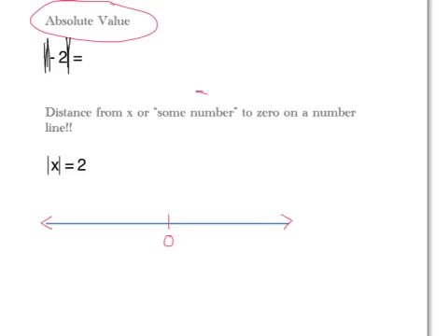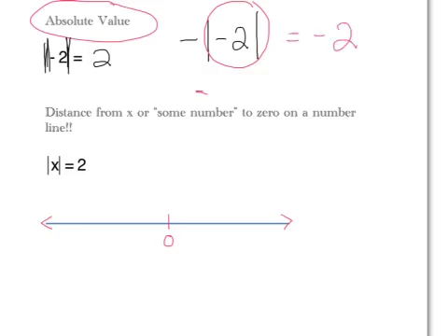So the absolute value of negative 2 is 2. Be careful, though. I could put a negative on the outside of the absolute value bars. That's different. First, we take the absolute value of negative 2, which is 2. But that negative is actually on the outside. So this is a case where I'd actually get a negative 2.